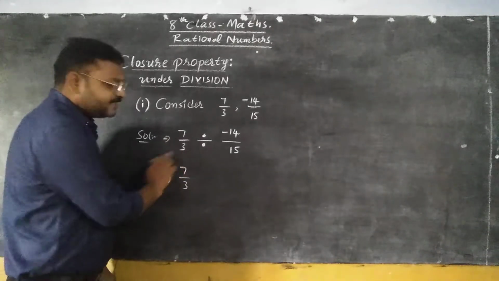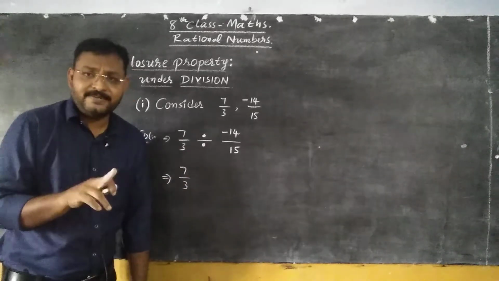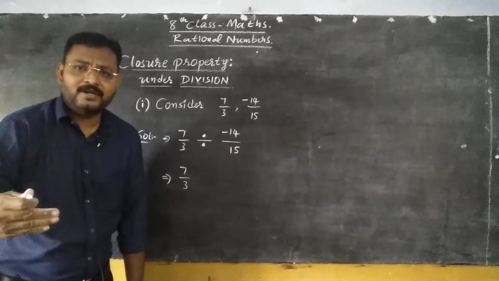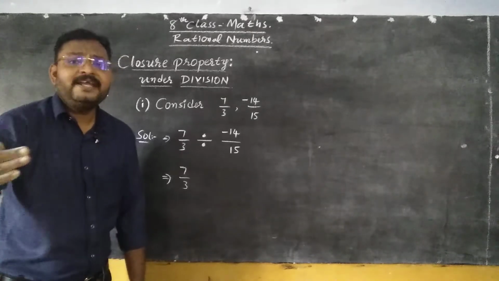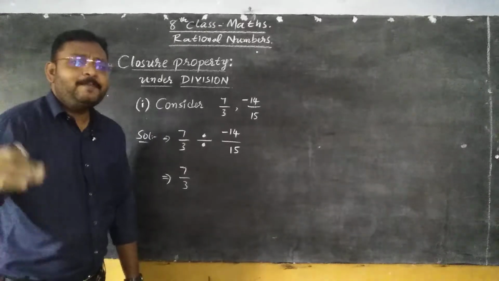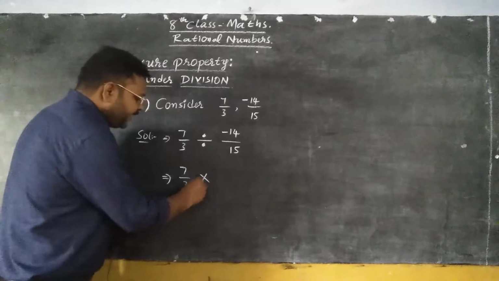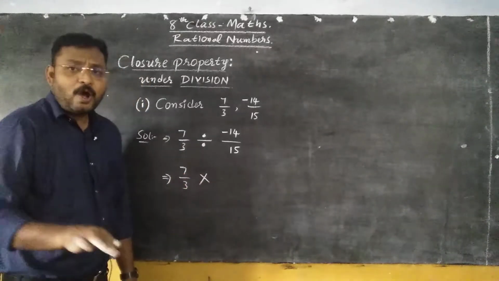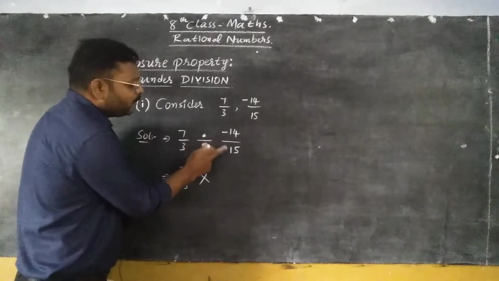Now there is a division symbol. Instead of the division symbol, write its reciprocal. The reciprocal of division is multiplication. So instead of division, write multiplication. After that, write the reciprocal of minus 14 by 15.